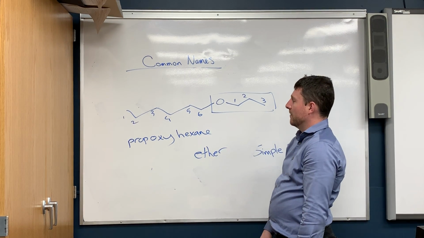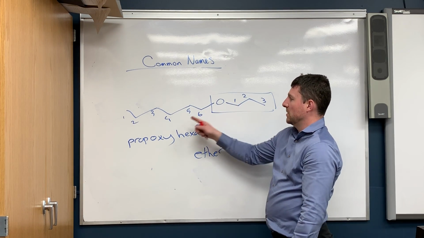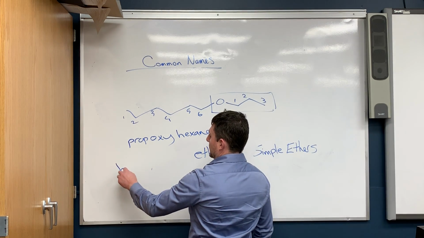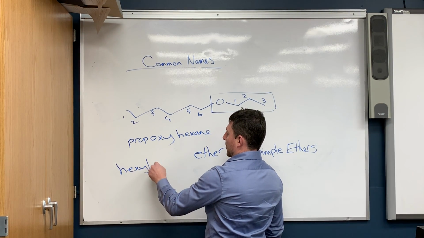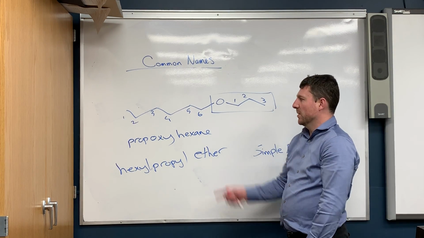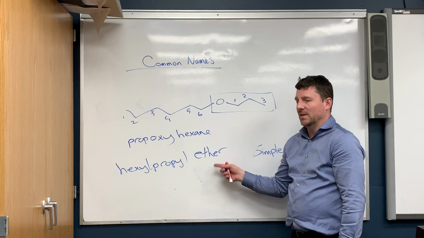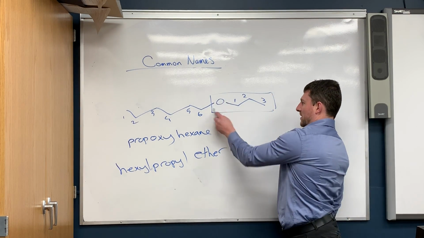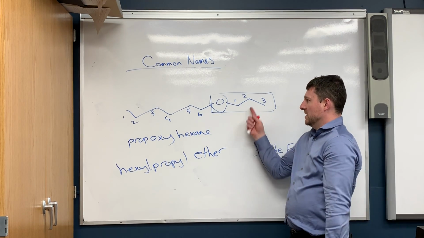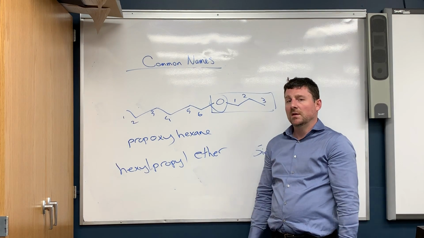You can name it alphabetically, so propyl is P, hexyl is H. So you go hexyl first, hexyl propyl ether, right? So they name both carbon chains as prefixes, and then there isn't really even a main chain unless you just want to consider the oxygen to be the main chain, the ether. And they just name the chains on either side of the oxygen, hexyl propyl ether, right?